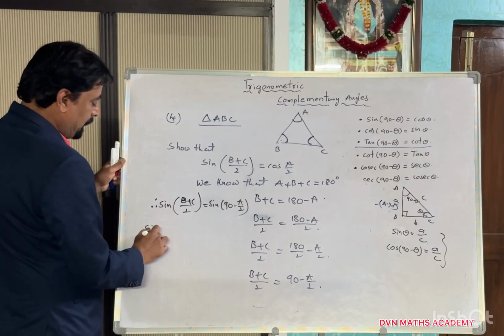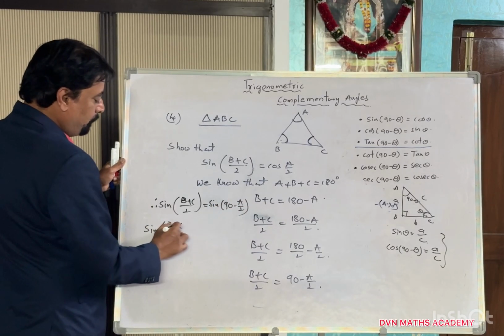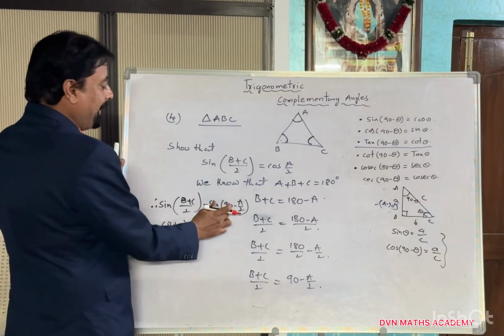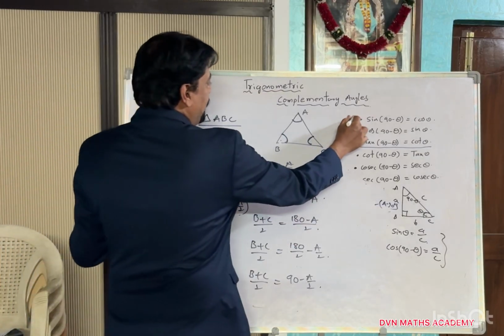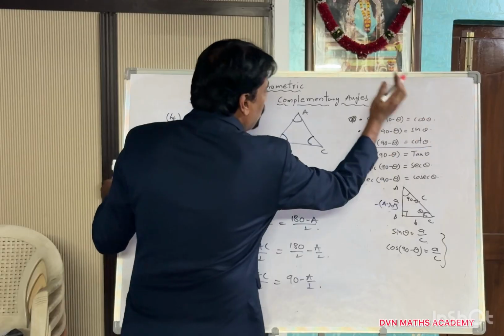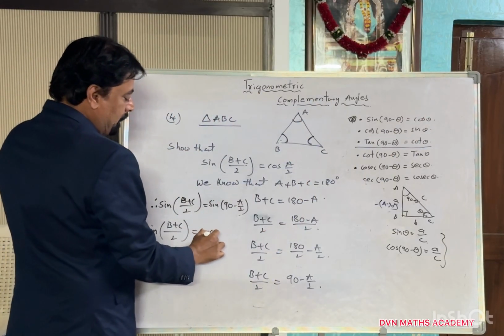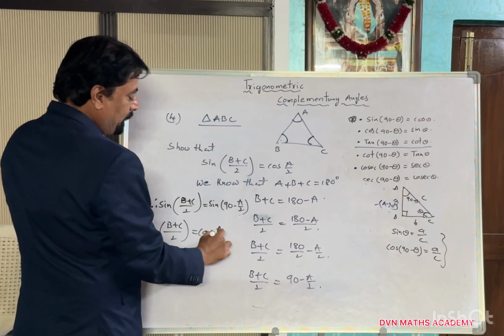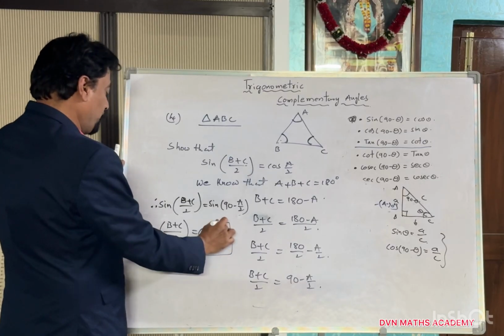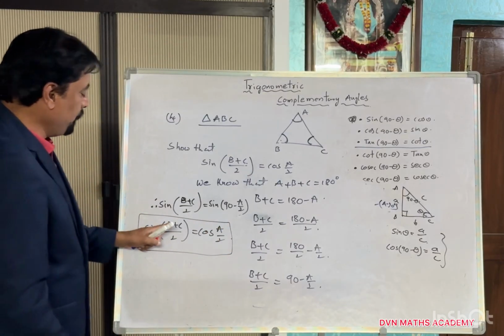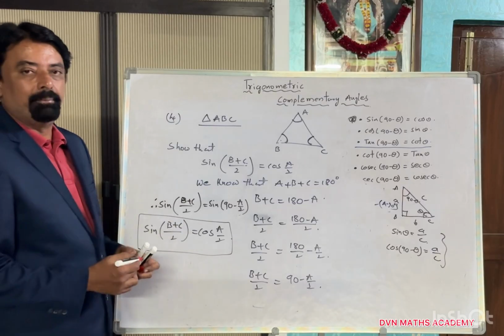Now it is sine 90 minus theta, and sine 90 minus theta is equal to cos theta. In place of theta, A/2 is there. So this is my proof, that is sine (B plus C)/2 is equal to cos A/2.